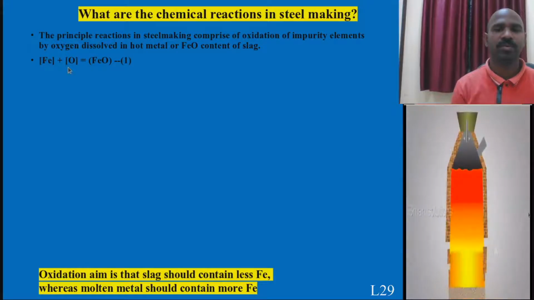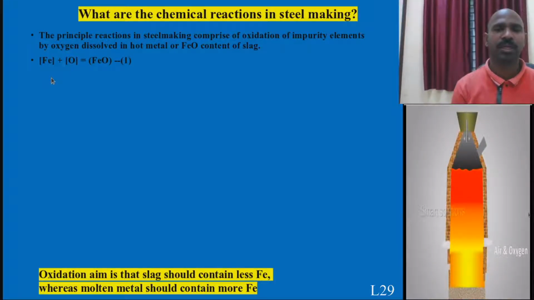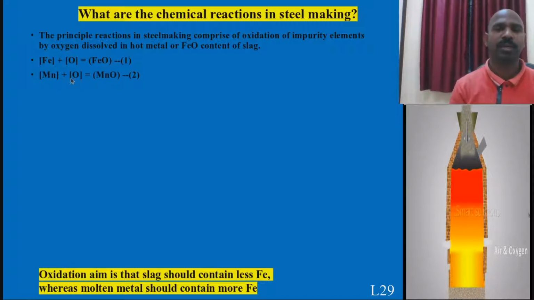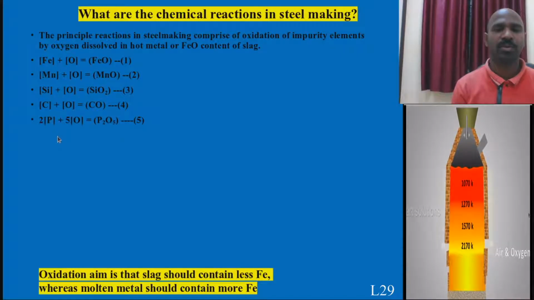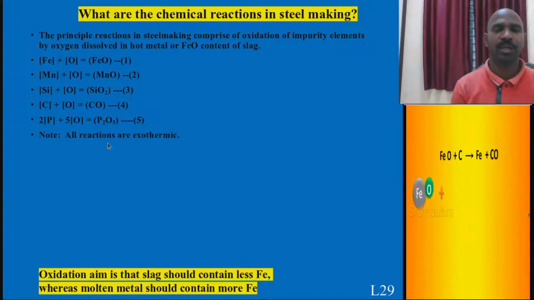Oxygen you send from the top, with iron in the molten pig iron, may form FeO slag. With manganese in the molten pig iron, oxygen purging gives rise to MnO, similarly SiO2, and with carbon in the molten pig iron, oxygen purging will give CO, and similarly phosphorus as well as sulfur. All these reactions are exothermic.